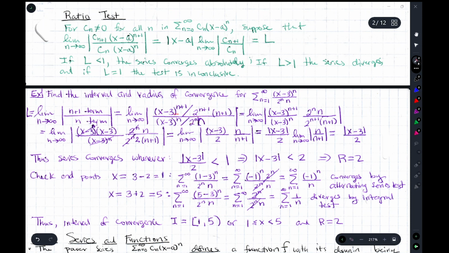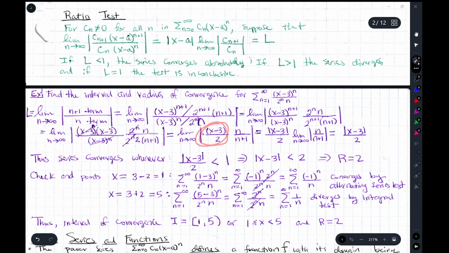Simplifying, we get these terms here. Using the properties of exponentials, we could take out a 2 to the n there, so we get those to cancel. We could take out an x minus 3 from one of these, and we get cancellations with the n values. The limit as n goes to infinity of this is 1.